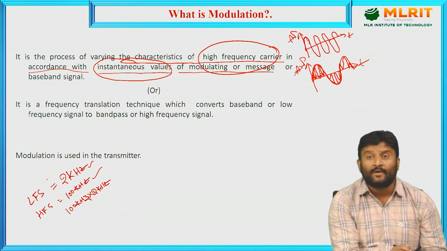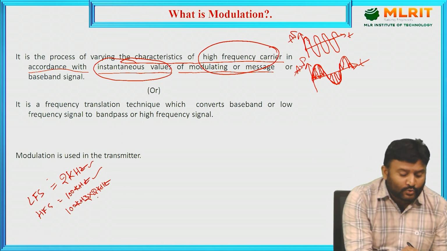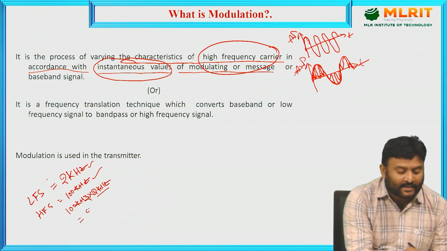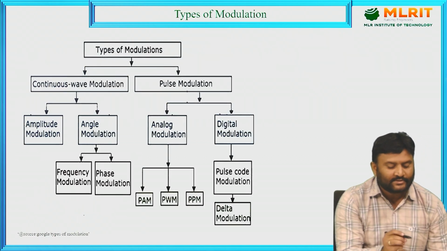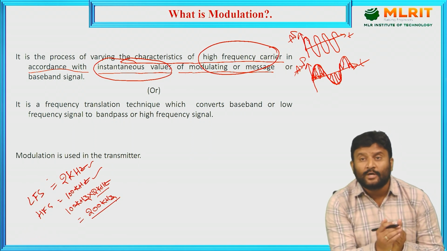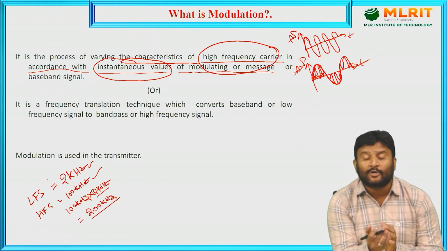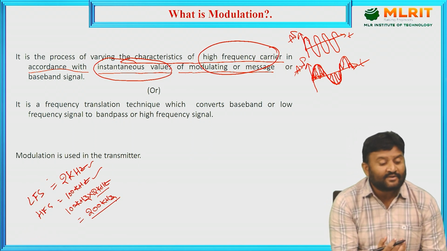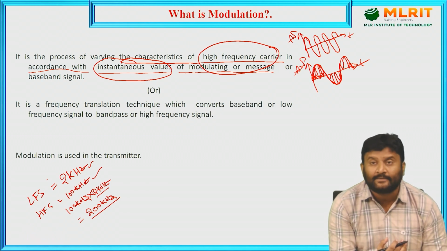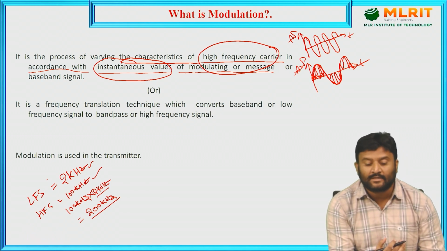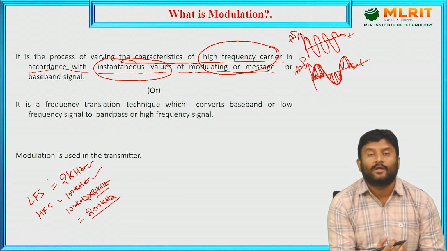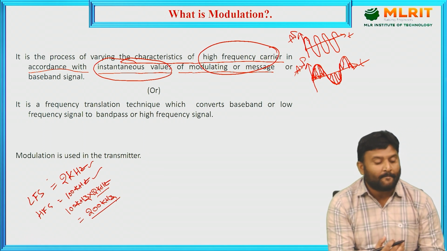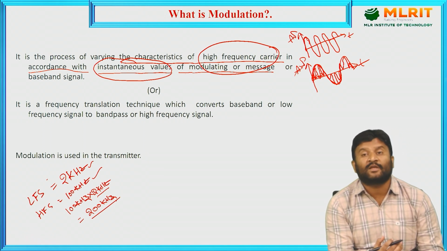Instantaneous values of the message signal. That means actually 2 kHz, when I am multiplying with the 100 kHz carrier signal, the total signal should be equal to 200 kHz. That means 2 kHz becomes 200 kHz. That means automatically what is the definition? It is a frequency translation technique which converts a baseband or low frequency signal to a band pass or high frequency signal.